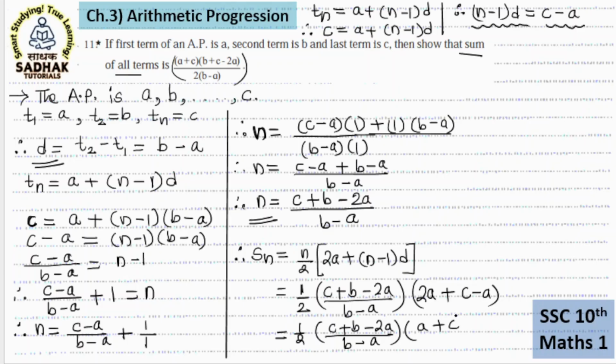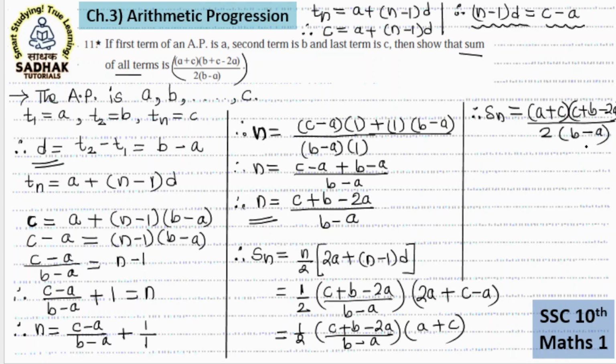So now when we multiply all this, therefore Sn will be equal to, the numerator and numerator will get multiplied, so (a plus c) into (c plus b minus 2a), upon this 2 in the denominator, so 2(b minus a). Okay, so that is what we have to prove. Fine. So at the end we can write hence proved.